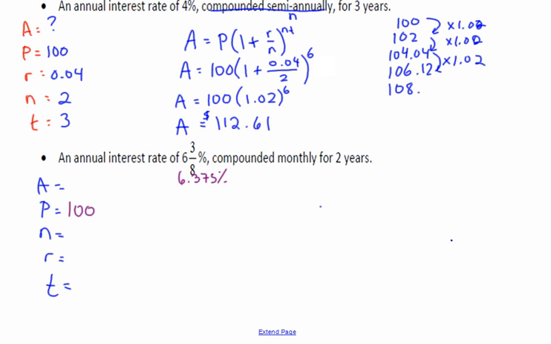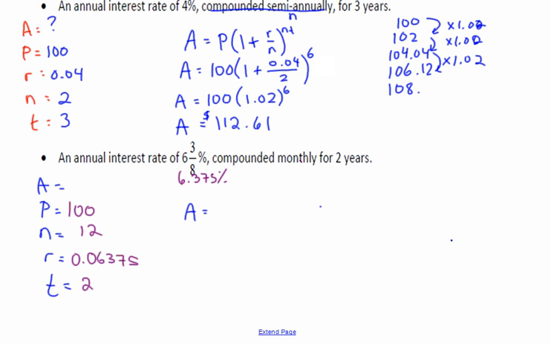So as a rate, what are you going to write that as? 0.6375. Divide that by 100 because that's a percent. Okay, it's compounded monthly, so N would be 12, for how long? 2 years. So let's make our formula.